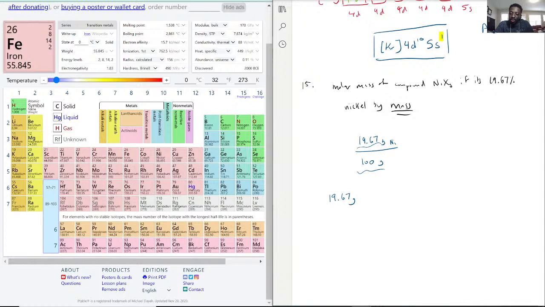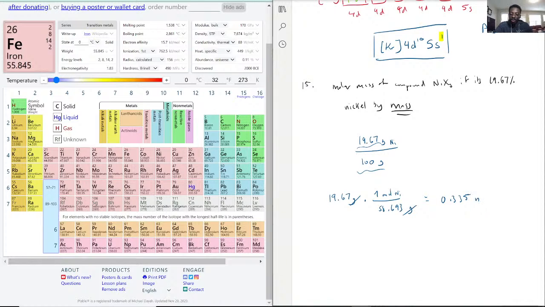For nickel, just at face value, 1 mole of nickel is 58.693 grams. We cancel these two out, and we get 19.67 divided by 58.693.